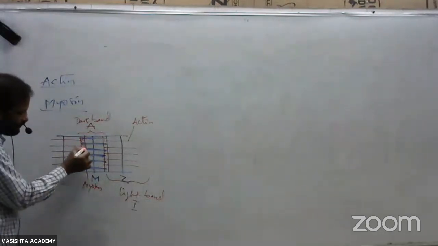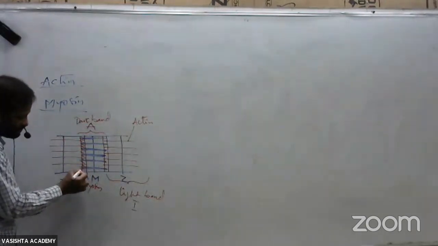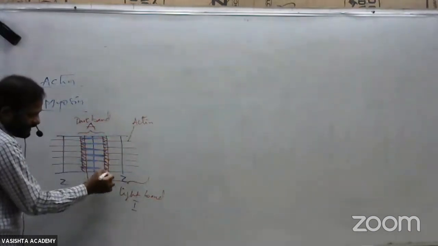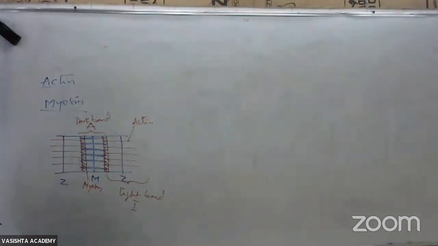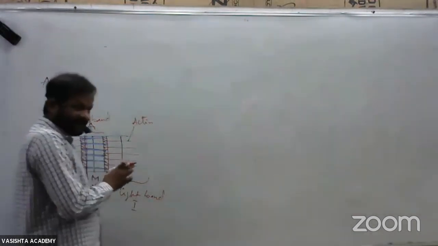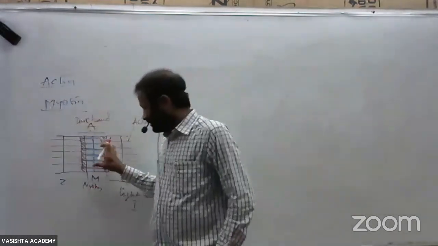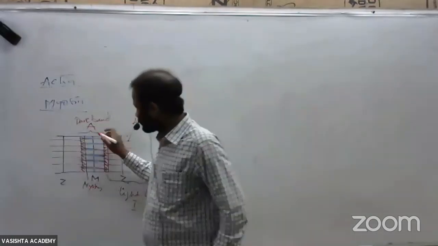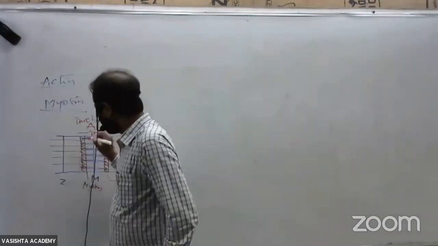This zone will appear very dark. That is due to the presence of both myosin and actin. The area of dark band where actin filaments are absent, that is called as H zone.